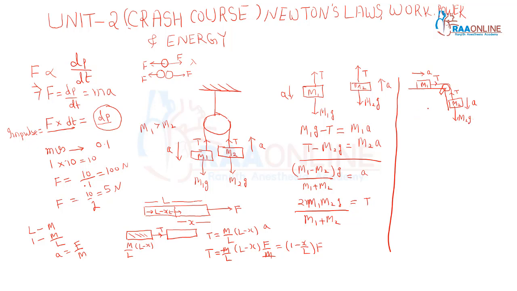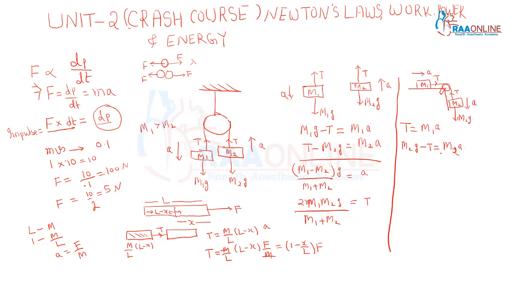Again, two unknowns a and T are there. If they want to calculate a or T, you can make two equations. T's role is only to pull m1 with acceleration a. And on m2, two forces are acting. The bigger one is m2g because it is going in downward direction. But according to Newton's second law, it should be m2 into a.